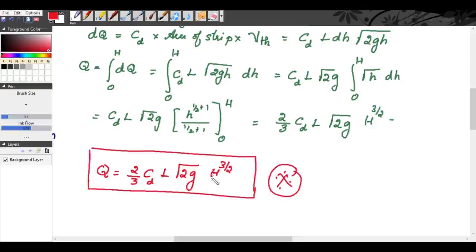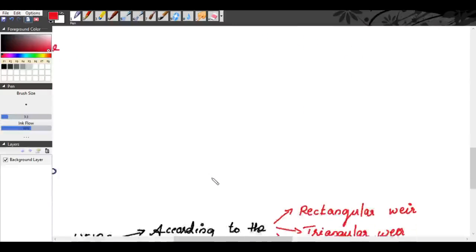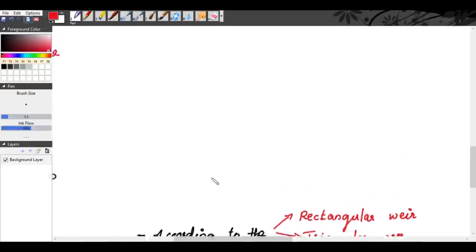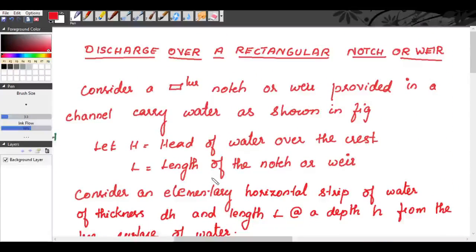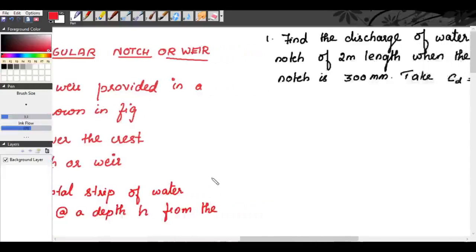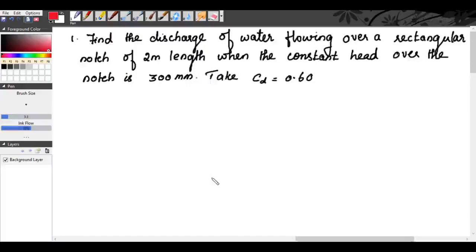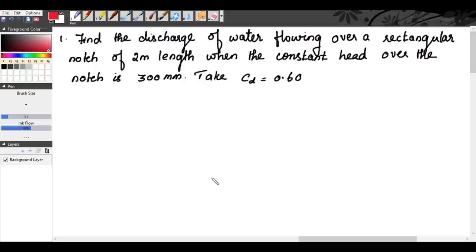Okay. So now we will move on to the problems related to rectangular notches and weirs. The first problem is very simple. You can solve it on your own if you know the formula. Just what you need to know is simply the formula.